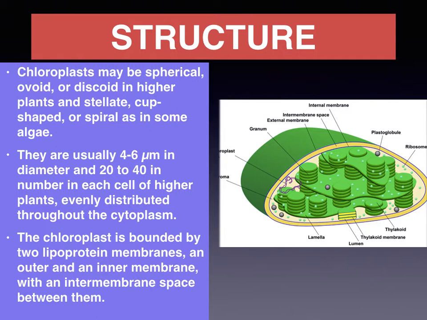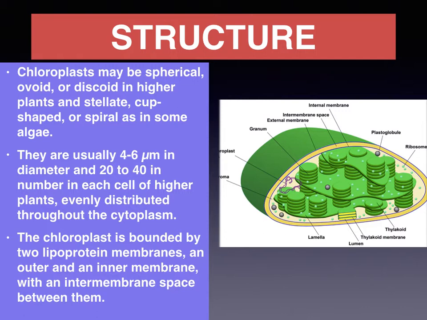All right, let's take a look at the structure, a very basic structure. I hope you can see this image clearly on the screen. You might have come across this image many times in your textbooks too. If you describe the structure, first of all you will notice that it is somewhat spherical or ovoid, or it could be discoid, stellate, cup shaped, or spiral in some algae.